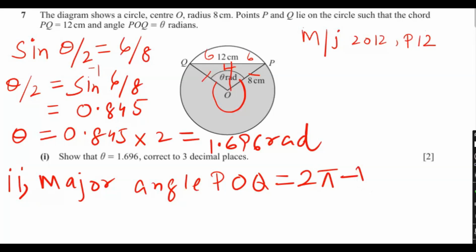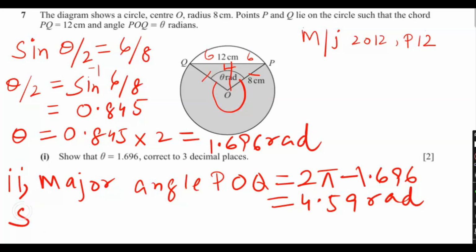Theta we have found, 1.696. Therefore the angle, you can use your calculator, you will get 4.59 radians. So now we are going to find the major arc, which is arc POQ.